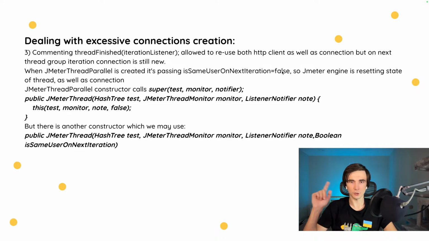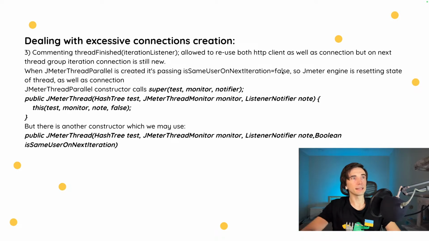That's the checkbox that we see in the UI in the thread group. So when JMeter thread parallel is created, it is actually telling JMeter to reset the connection on each new iteration. That's why even if we are reusing the HTTP client and connection on the first iteration, it breaks on the next and following ones.